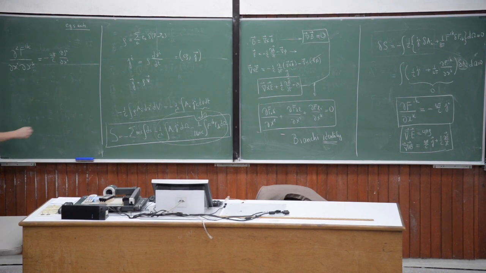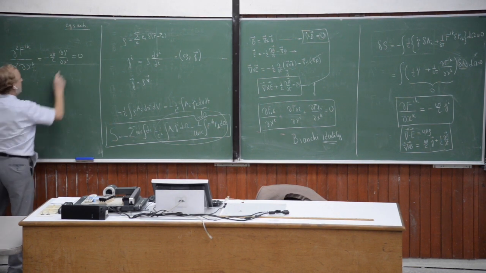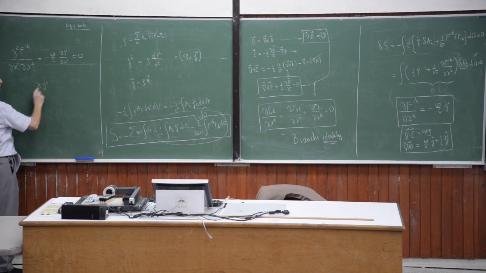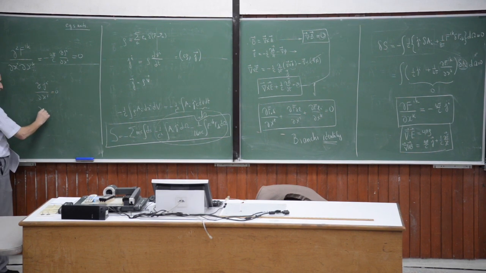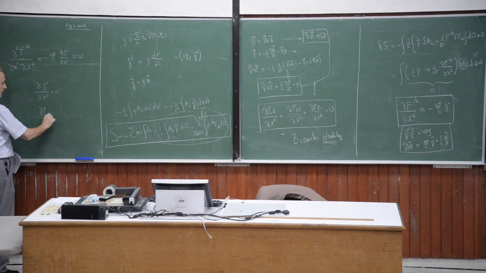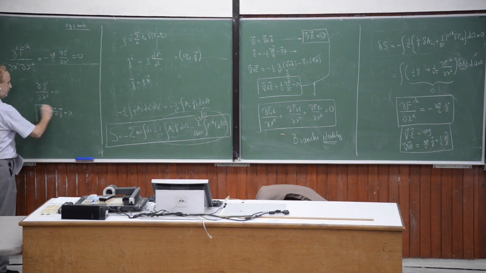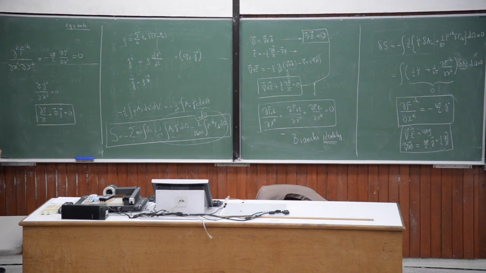This tells me that ∂J^i over ∂x^i is zero. You know what this is? Continuity equation. It just tells me that ∂ρ/∂t plus divergence of J is zero. What does it tell me? The charge is conserved.